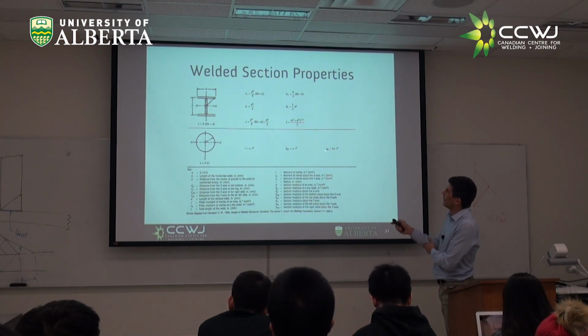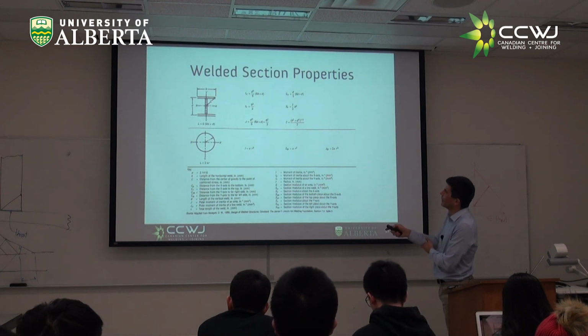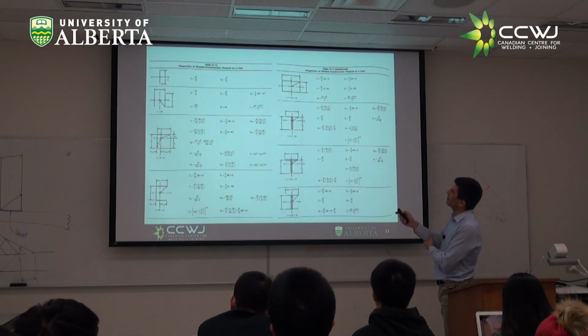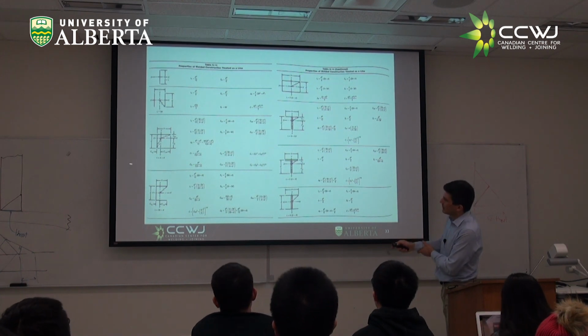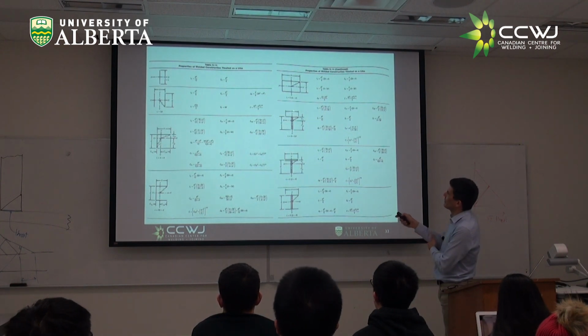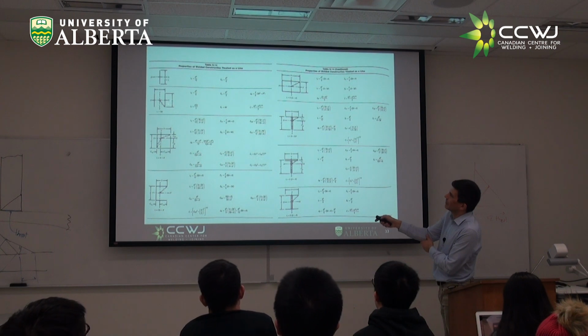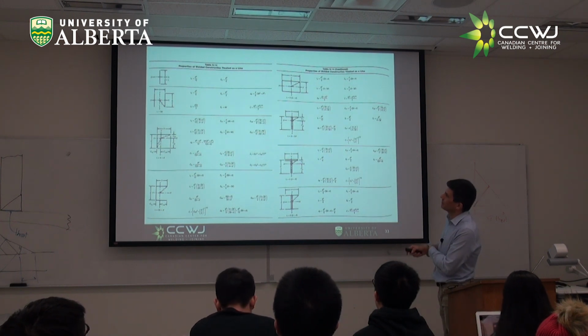This is for polar moment of inertia for torsion in a circular base. And here you have more. Here you have for a weld in the shape of a C. And here you have for welds in the shape of T's, welds in the shape of all kinds of different things.